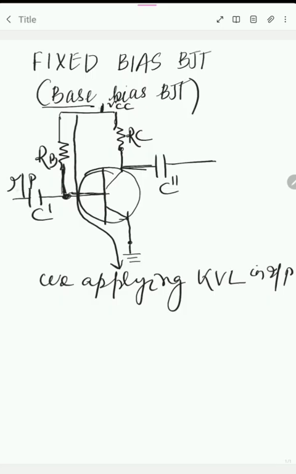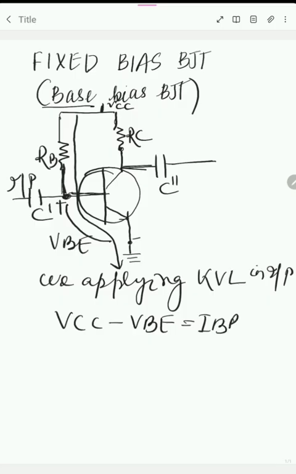Then we observe the base emitter junction, whose voltage is VBE, positive and negative. So VCC minus VBE equals the voltage across RB, the base resistor, which is IB into RB.